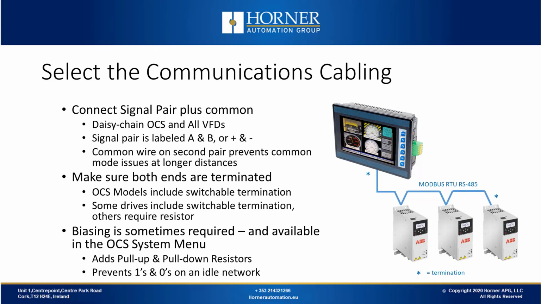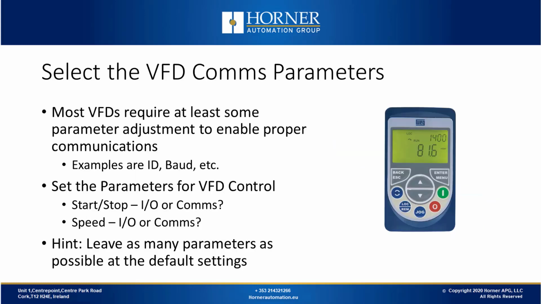If that's the case, there is a feature called biasing, which you can turn on in the OCS from the system menu, which will apply a pull-up and a pull-down resistor internally. This will get rid of any random 1s and 0s that are occurring while the network is idle. You should always start with biasing off, and if you need it, you can turn it on later.